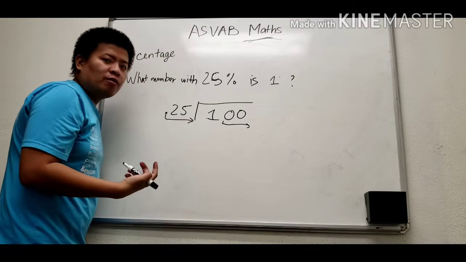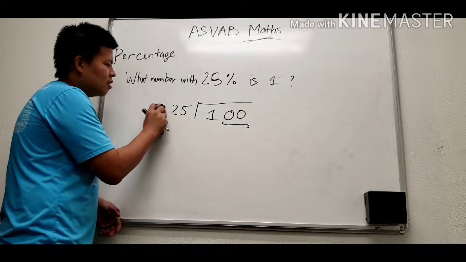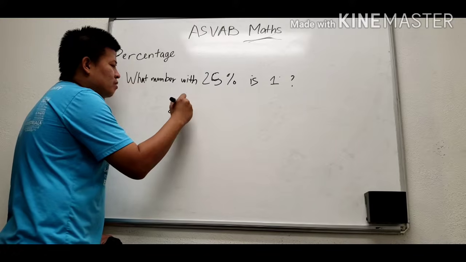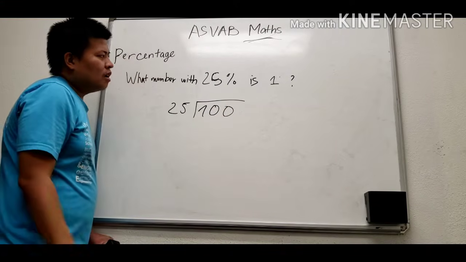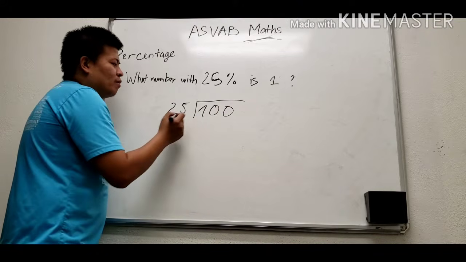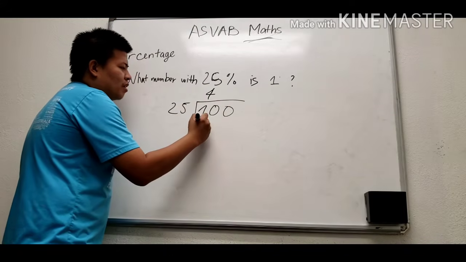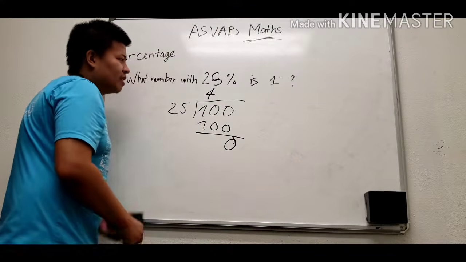That's why we learn how to do division with decimal numbers. Here we can see that 25 multiplied by 4 gives 100.